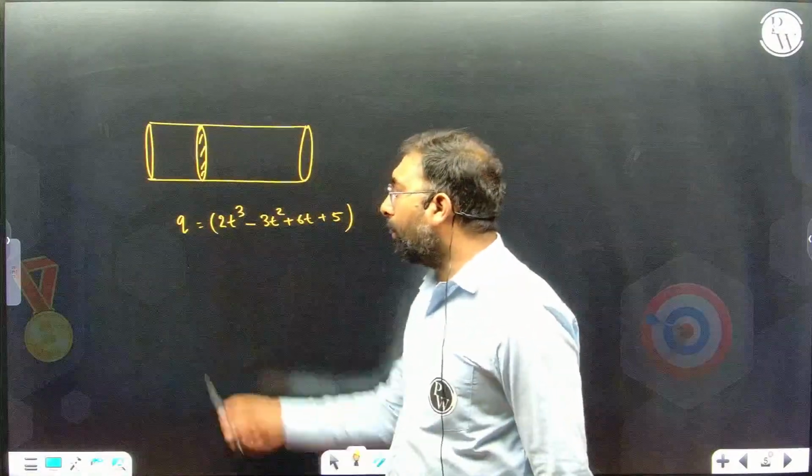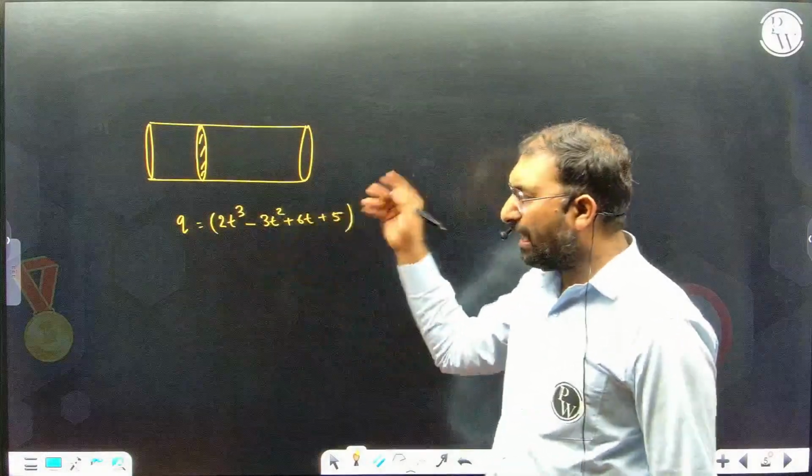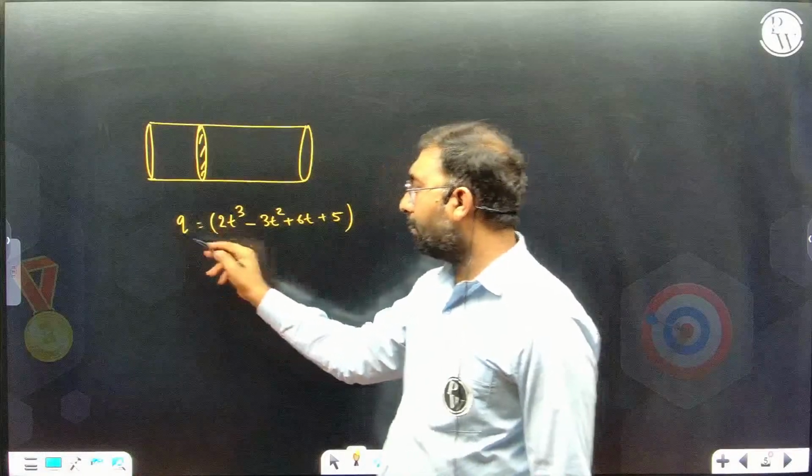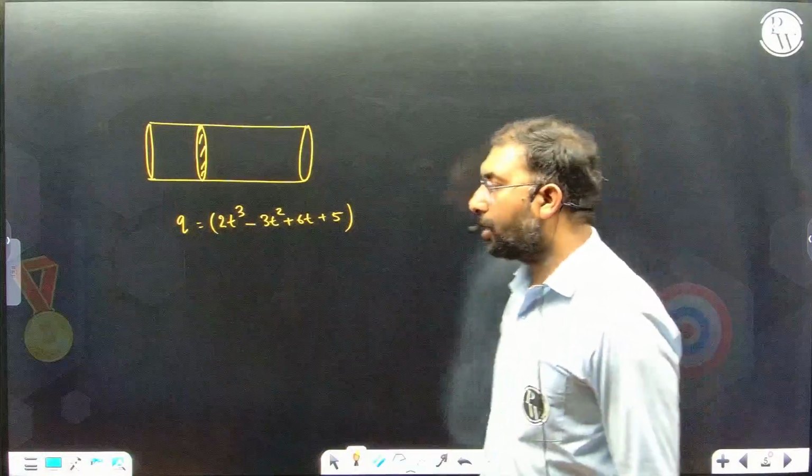The charge flowing through the cross section of the conductor at any given time t is given as q equals 2t cube minus 3t square plus 6t plus 5.